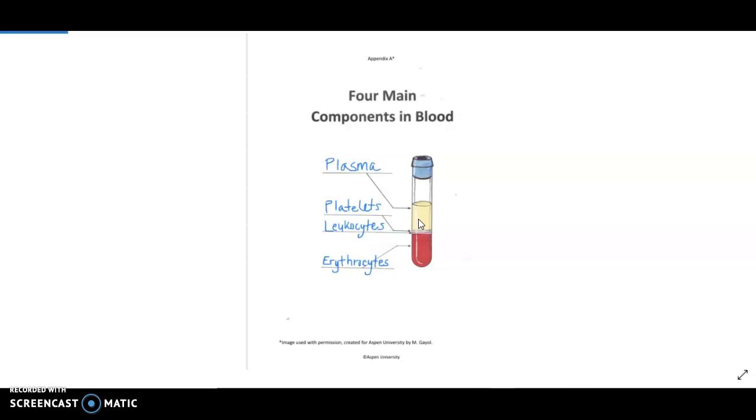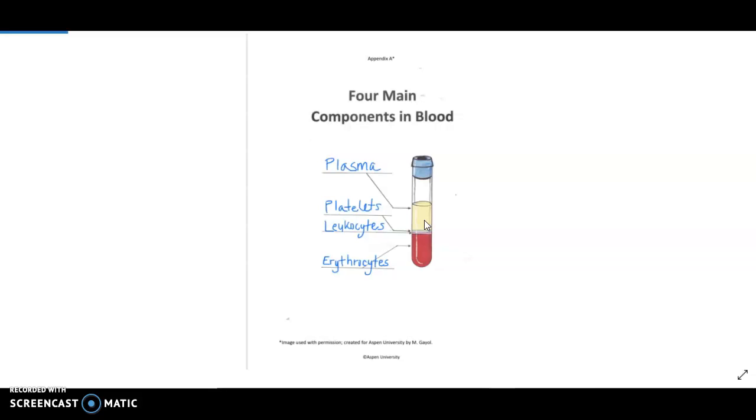The next portion is the plasma. Plasma is about 90% water, which helps the blood to be transported through the body more easily. There are plasma proteins found in the plasma as well, which make up about 9% of the plasma.